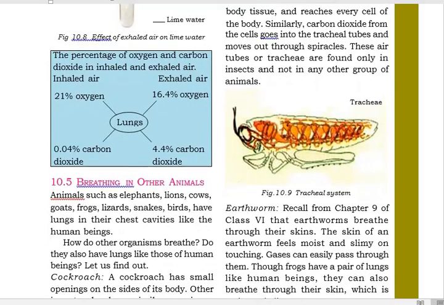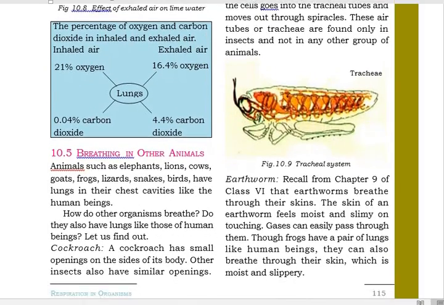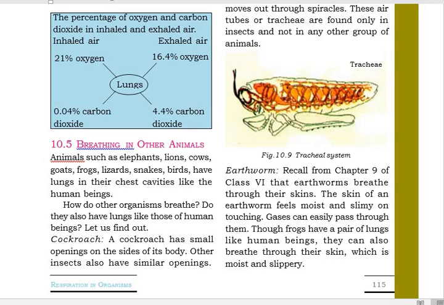Now you will study breathing in other animals. Here are some of the organisms you will study. First, you can see in the picture, the tracheal system of a cockroach. Animals such as elephants, lions, cows, goats, frogs, lizards, snakes and birds have lungs in their chest cavities like human beings.